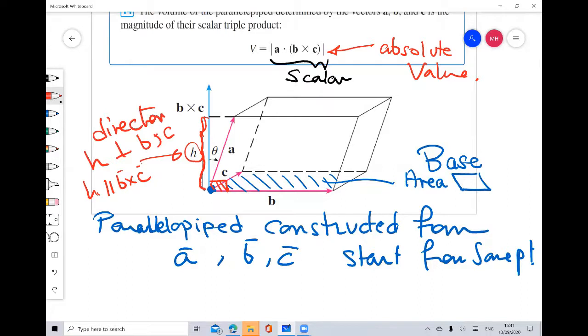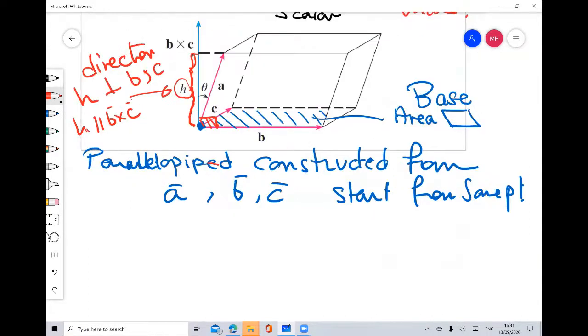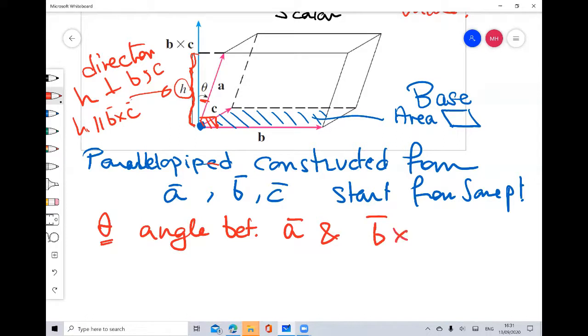So I know this length. Let's do more analysis. What is this theta? I'll mention that this theta is the angle between the vector A and the direction of the height, which is B cross C. So this is the angle between A and B cross C. If I want the length of this line segment, which I'll call the height, then from this right angle triangle it will be magnitude A times cosine of the angle.